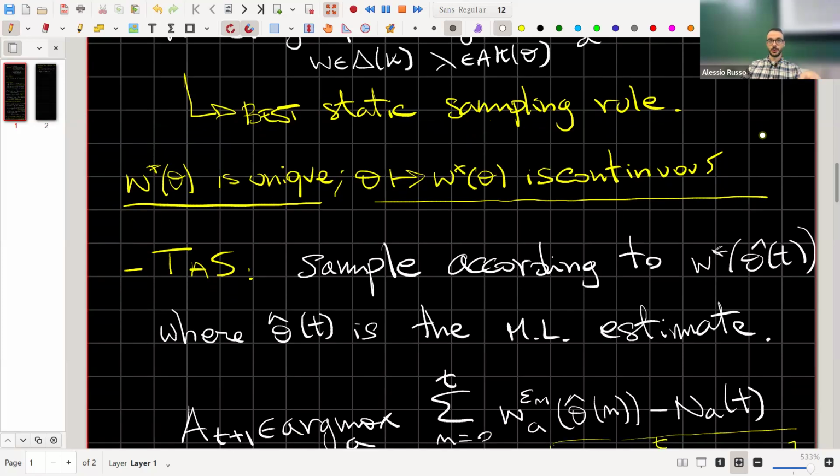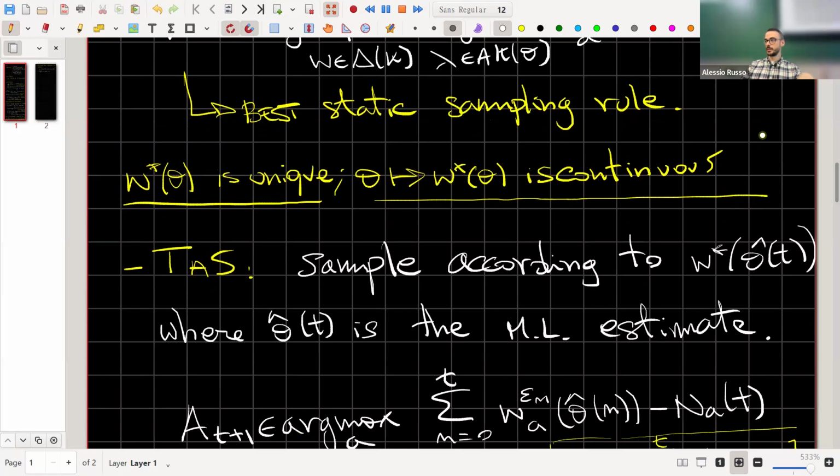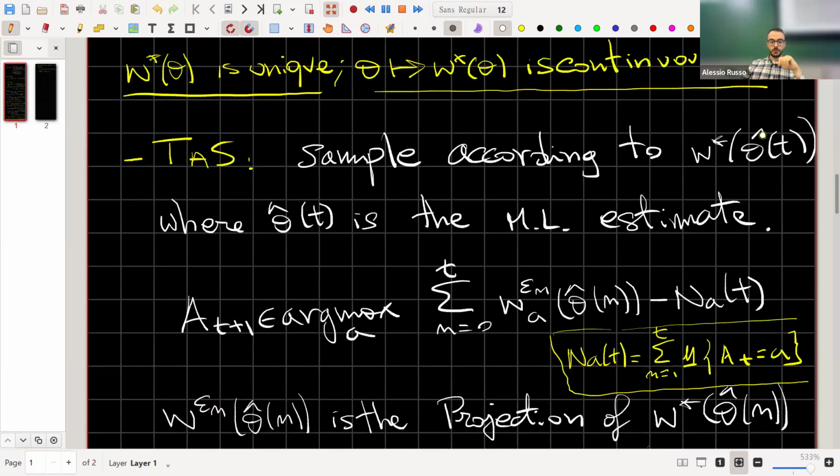So we need to do something different. We cannot simply compute the lower bound for our estimate of theta and then follow what the optimal solution tells us. What we're going to do is called C-tracking. This is the rule. The next action will be the one that maximizes this quantity here on the right.